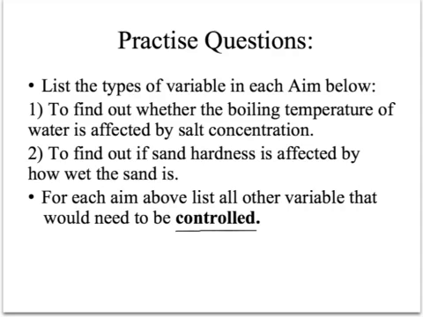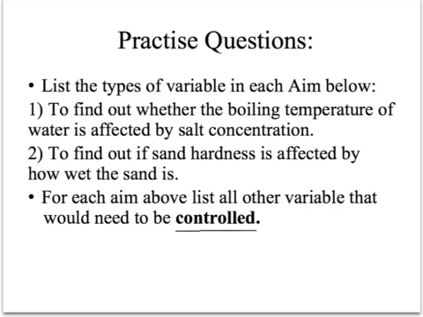Okay, so I think some of the answers for this controlled variables part are as follows. For the boiling temperature of water, one of the key things to control would be the amount of water that you are boiling. You should make that the same volume each time.